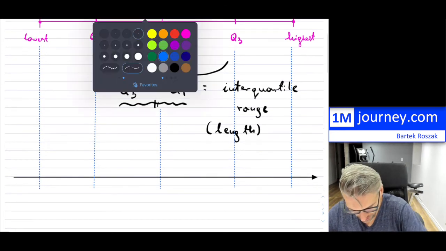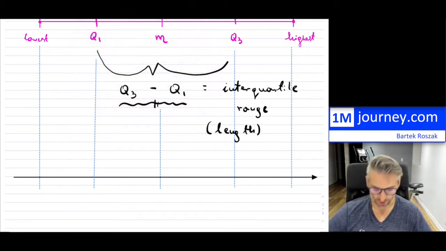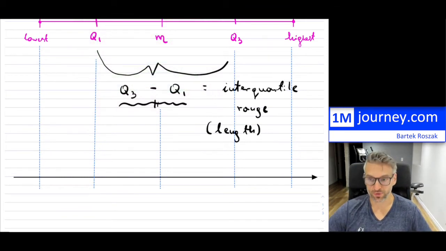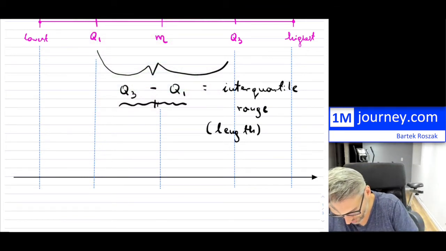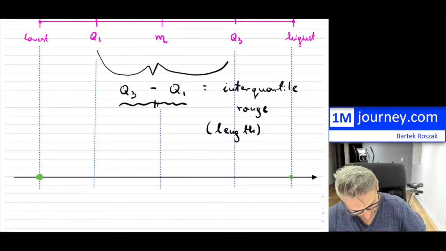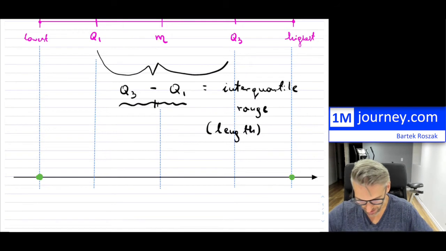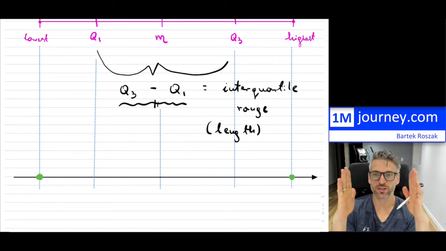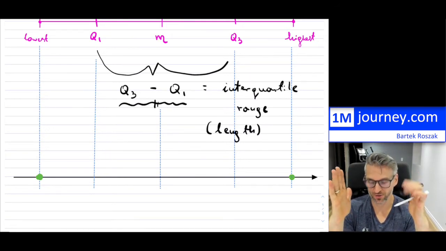Now if you want to construct your box and whisker plot, then what you do is the following. You put a point on your lowest datum and a point on your highest datum. You take the interquartile range and create a box out of that.